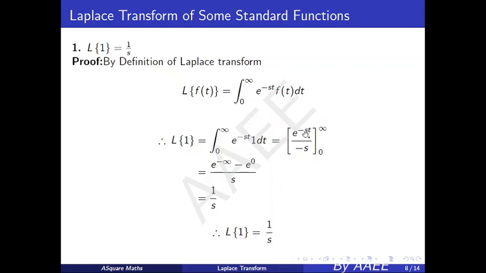E raised to minus st upon minus s, 0 to infinity. If you put upper limit, e raised to minus infinity minus e raised to 0 upon s. So e raised to minus infinity is 0 and e raised to 0 is 1, and upon minus 1, that is 1 upon s.